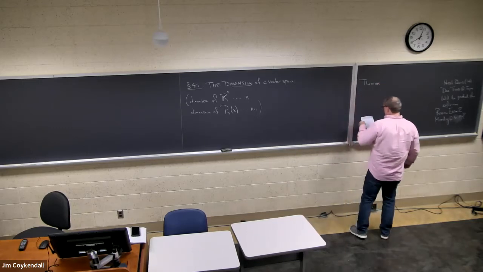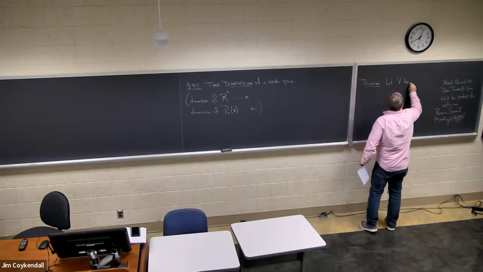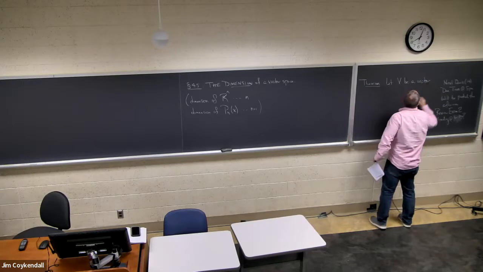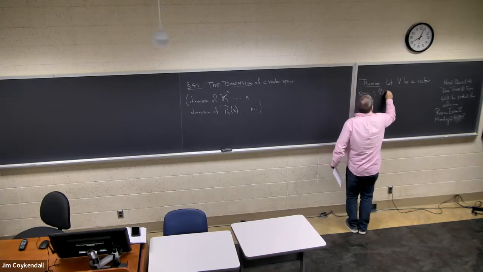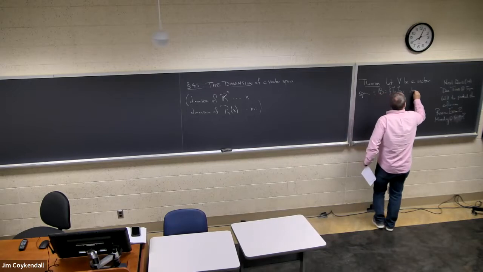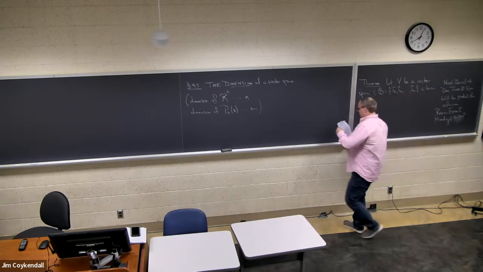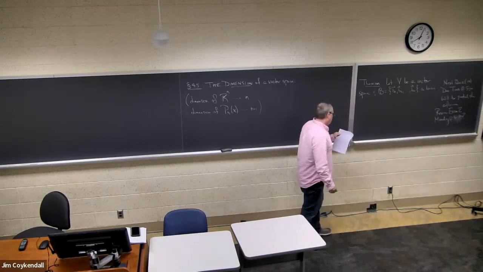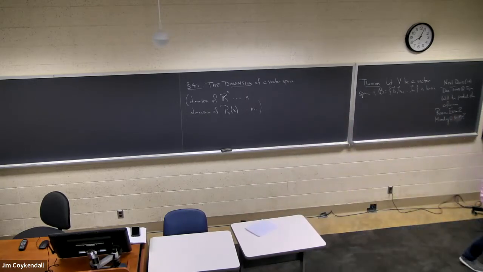Let's suppose that V is a vector space and we have a basis for V. By the way, quickly remind me what it needs to be a basis. Yeah, it's linearly independent and spans the whole vector space.